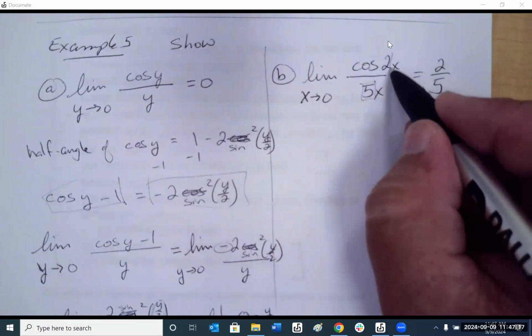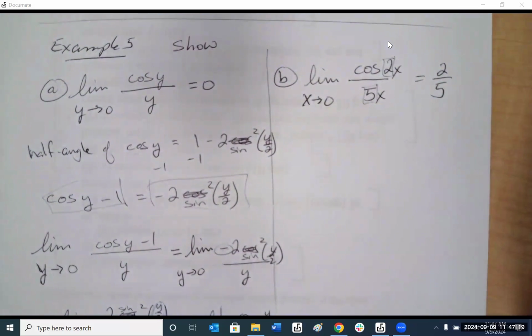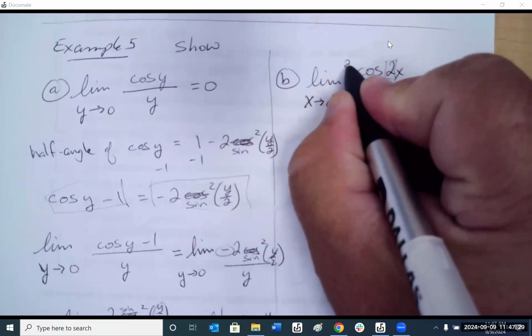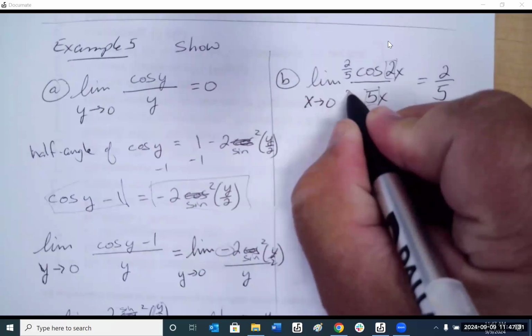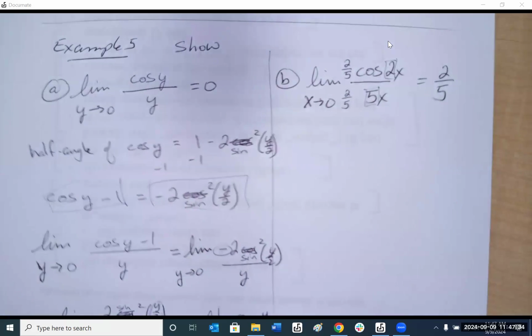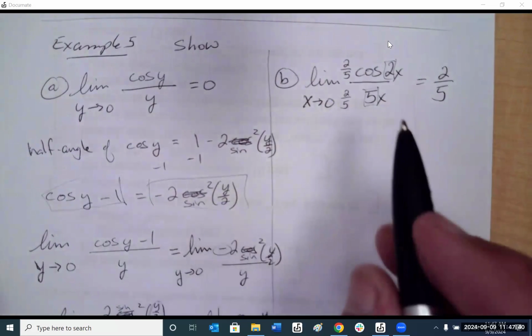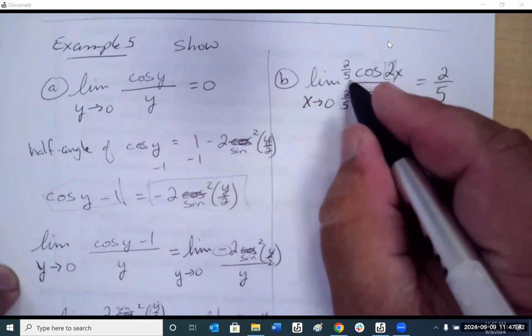Now we have coefficients in front of our variables, and we have to get rid of those. If we multiply both the top and bottom by those actual coefficients, 2 over 5, what happens to the top?